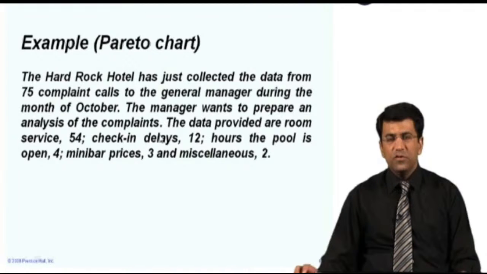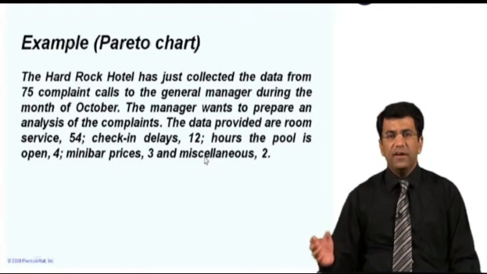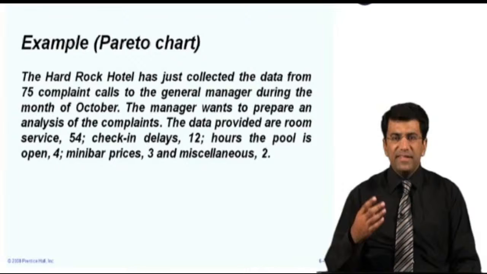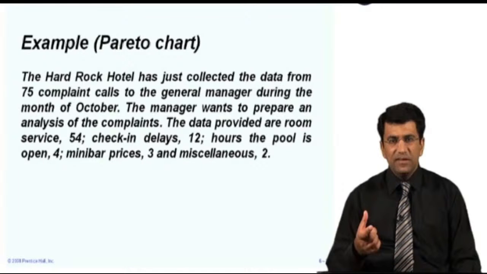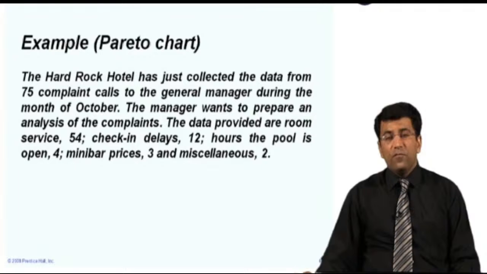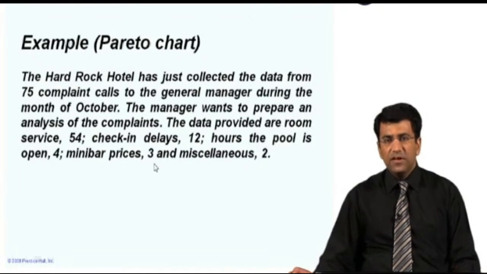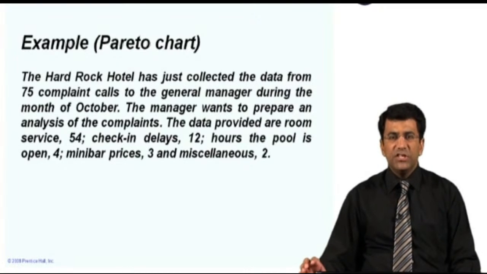Then the next step is we should calculate the cumulative frequency, that is, we go on adding the different frequencies that were previously arranged in the descending order. And then we will draw a bar diagram first for the frequency arranged in descending order, and then we will have a line diagram for the cumulative frequency.